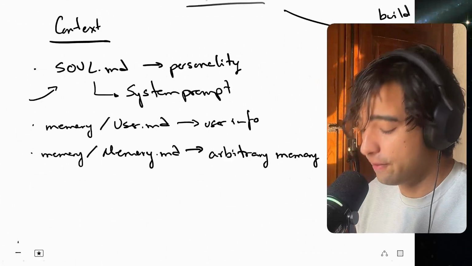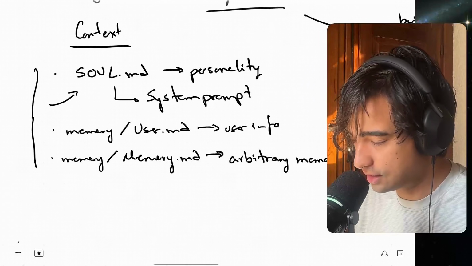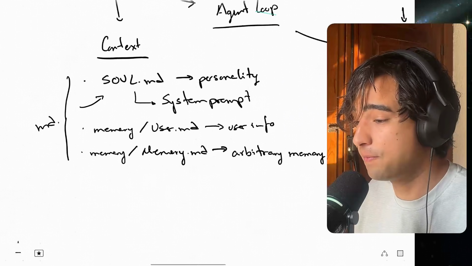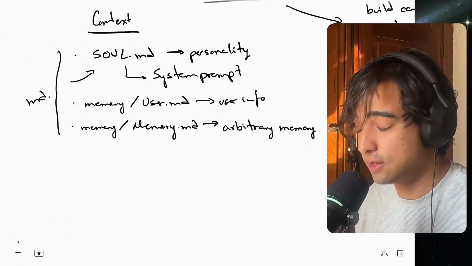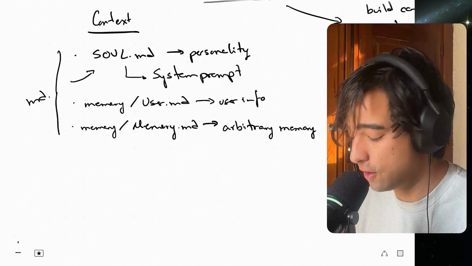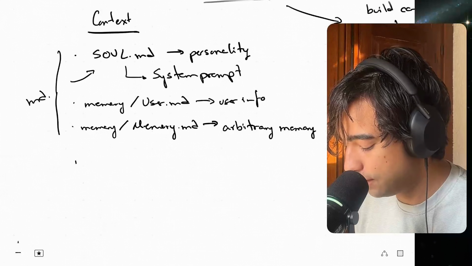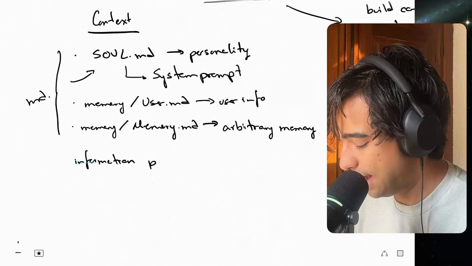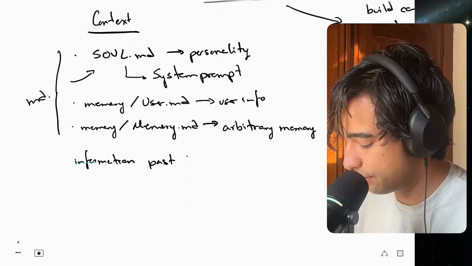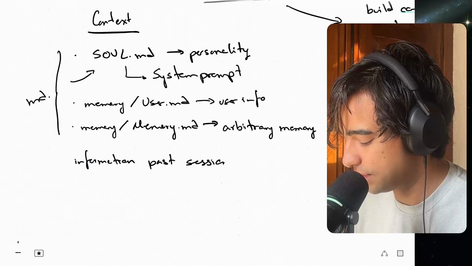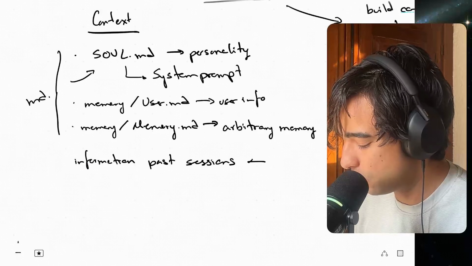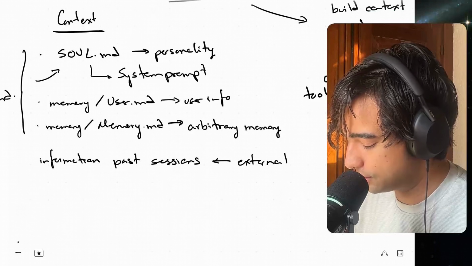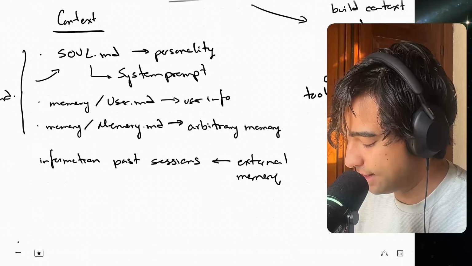Now, that's about the markdown files, and as you can see, it's very straightforward. But apart from that, usually you also get other different things in the context. You can also get information about past threads, past sessions or past conversations with it. And this one will only appear if you have external memory set up, okay?